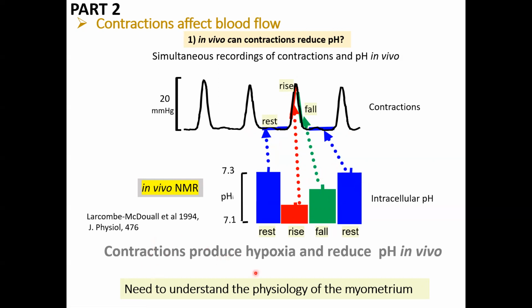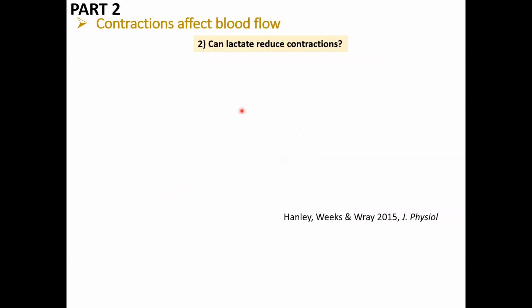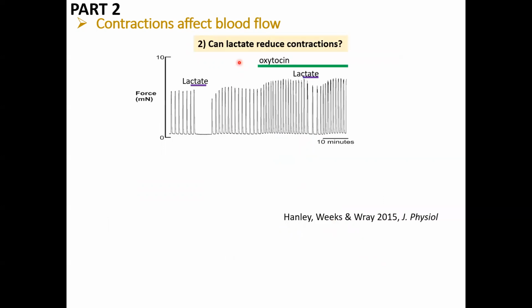So contractions produce hypoxia and also reduce pH in vivo. So can lactate reduce contractions? Can acid reduce contractions? Here's a piece of human myometrium contracting very nicely in vitro, and you can see application of lactate inhibits or even abolishes contractions.